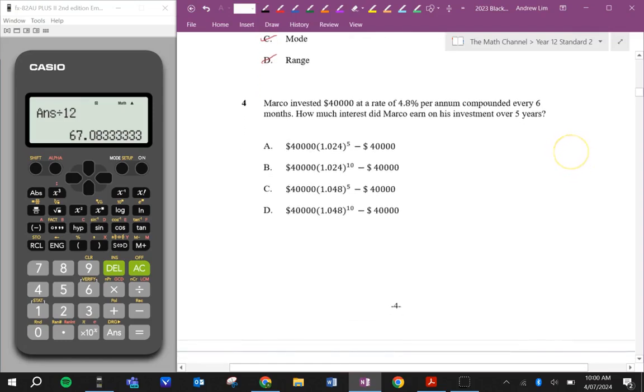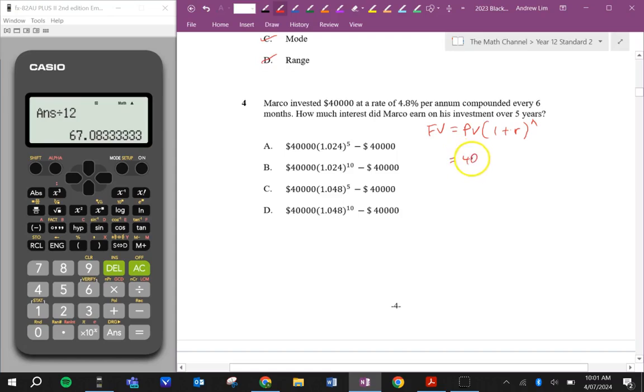Right. Marco invested $40,000 at a rate of 4.8% per annum, compounded every 6 months, so that's twice a year. How much interest did Marco earn on his investment over 5 years? So we want interest. We've got 40,000 as our present value, so maybe we'll just write this down. Future value is equal to present value times (1 plus r) to the power of n.